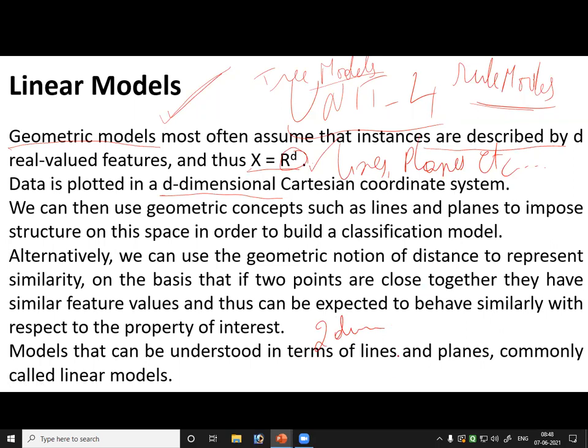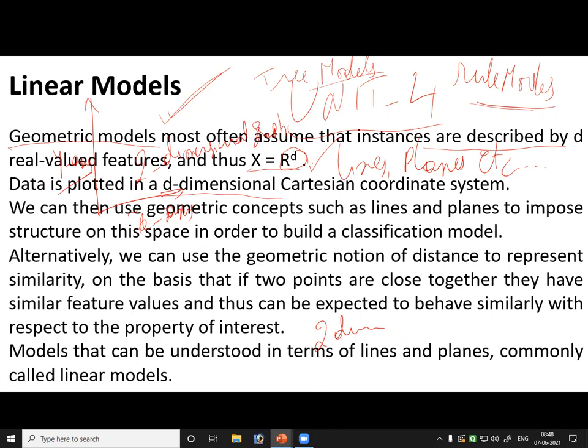If the data is plotted on a D-dimensional graph, say two-dimensional, what do you mean by two-dimensional? X and Y axis. This is the X axis, and this is the Y axis. This is called a two-dimensional graph.